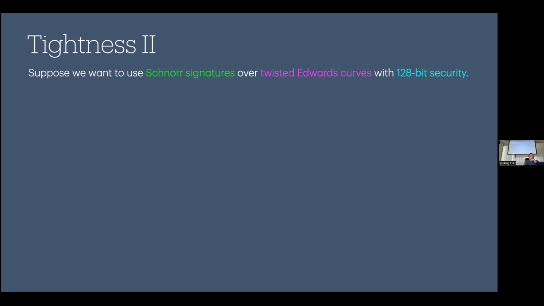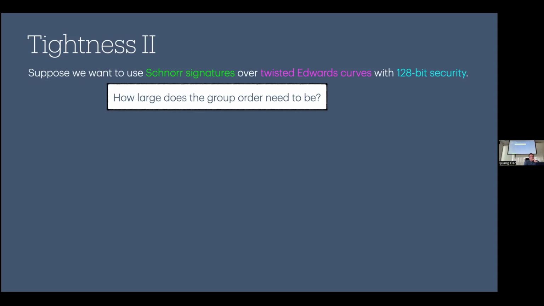So my question is, suppose we want to use Schnorr signatures over twisted Edwards curves with 128-bit security. How large does the group order need to be? Usually we set it to be like 256, yeah.